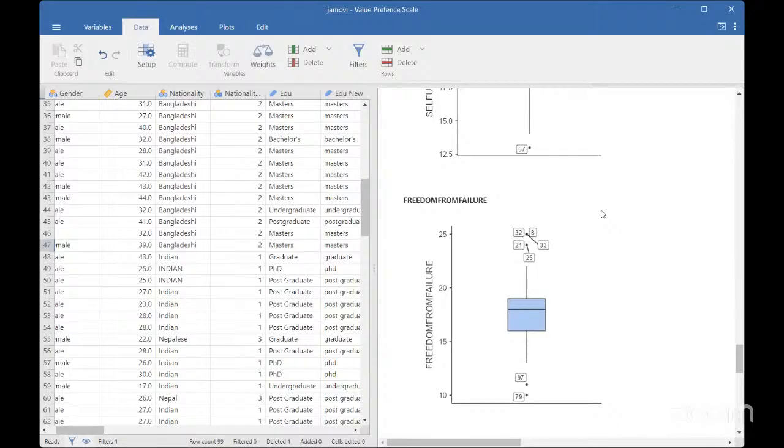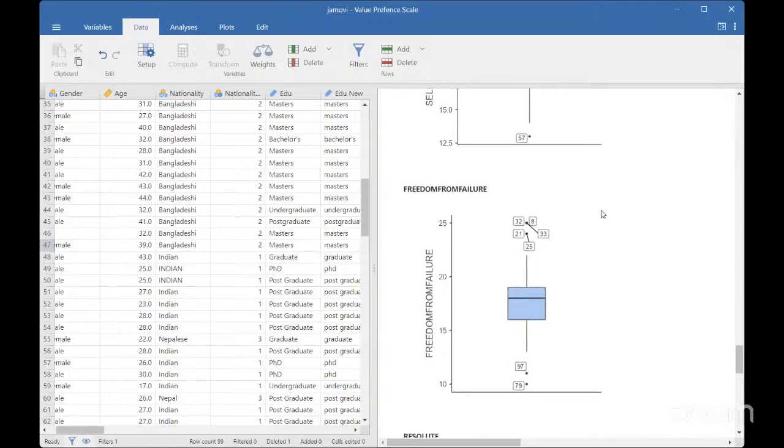So in this way, we can easily identify which individuals have received the higher value and the individuals who possess the lower value orientation.